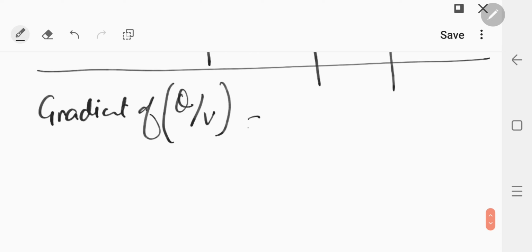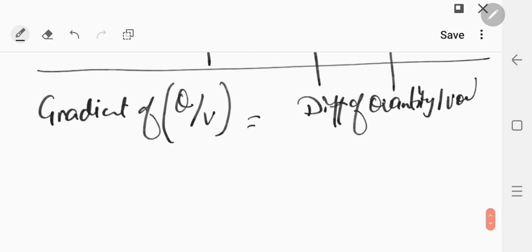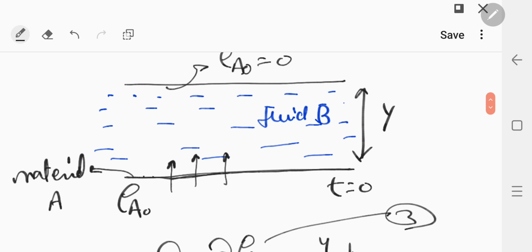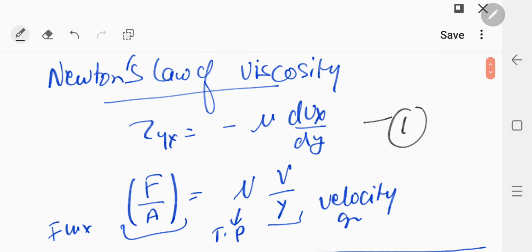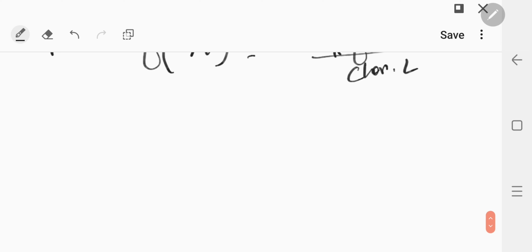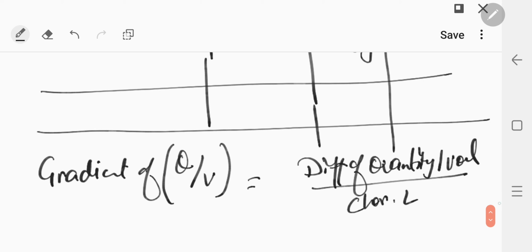The gradient of the quantity per unit volume is nothing but the difference of the quantity per unit volume upon the characteristic length, because if you see over here, the gradient was basically the temperature difference divided by the distance in all these three cases. So the gradient of the quantity per unit volume is the difference in the quantity per unit volume divided by the characteristic length.